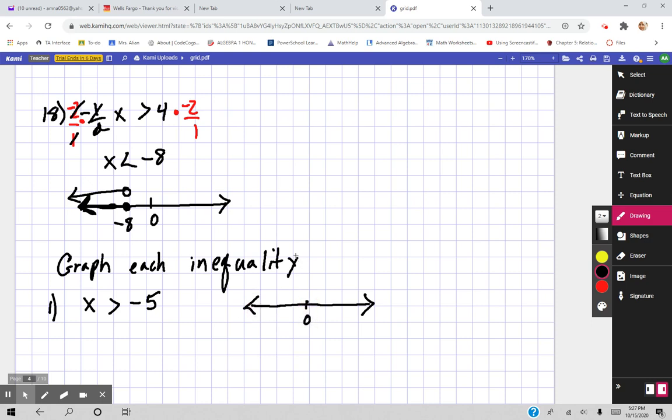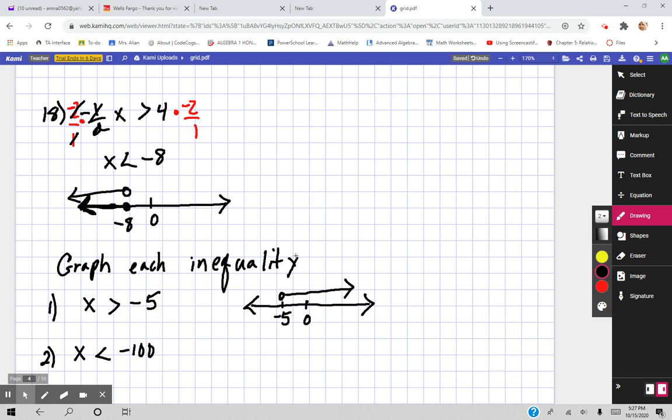So 0's at the center. Negative 5 would be somewhere to the left. And x greater than that means we have an open circle going to the right. Okay, 2. X is less than negative 100.